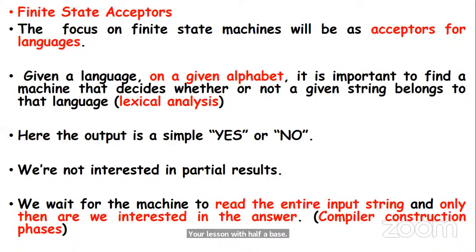So given a language on a given alphabet, a language is defined by a set of alphabets. An alphabet is defined by a set of symbols. So it is important to find a machine that decides whether or not a given string belongs to that language.